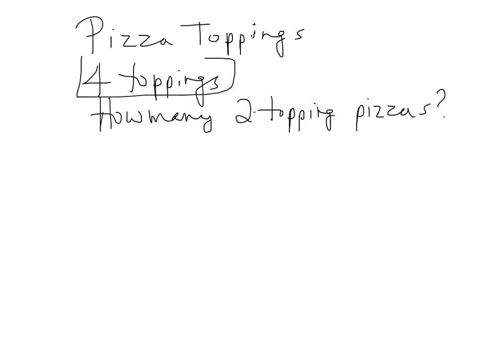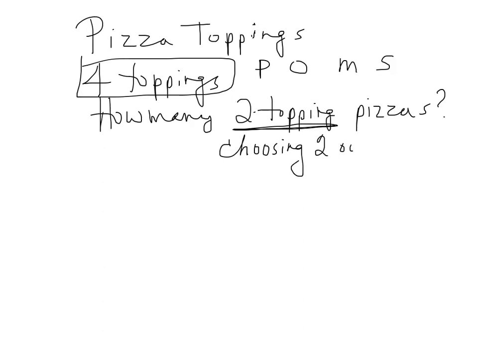The toppings are pepperoni, onions, mushroom, sausage. How many 2 topping pizzas are there? The idea is we're choosing 2 out of 4, like the ice cream, where we chose 2 flavors out of 8 with the ice cream cones.